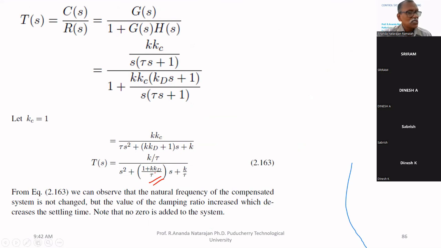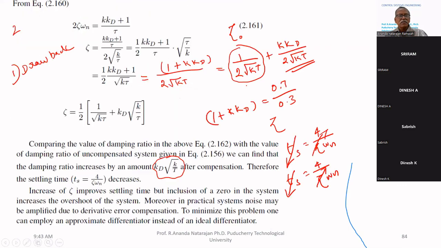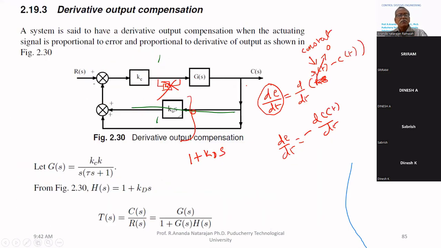So we can observe that the natural frequency is not changed, but the damping ratio is increased by 1 plus K KD times. So instead of using the derivative compensator in the forward path, it can be used in the feedback path.